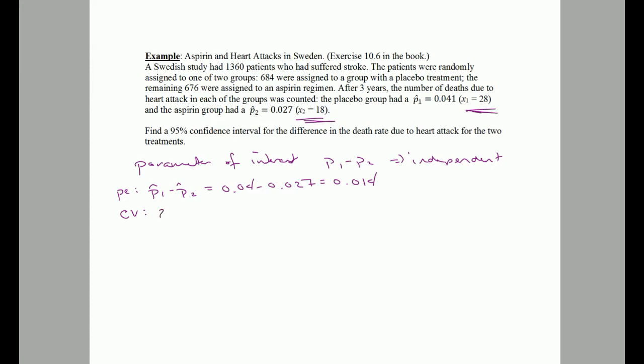So we need Z alpha over 2 for our critical value. And we want a 95% confidence interval, so alpha is going to be 0.05, which is 1 minus 0.95. So alpha over 2, well, this is going to be familiar. This is 0.025, so we need a Z of 0.025, and we get this from the table.